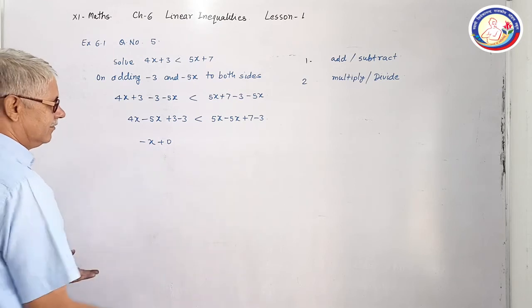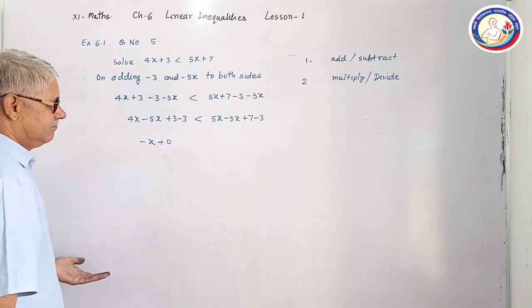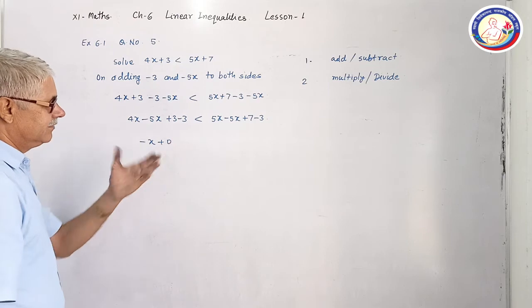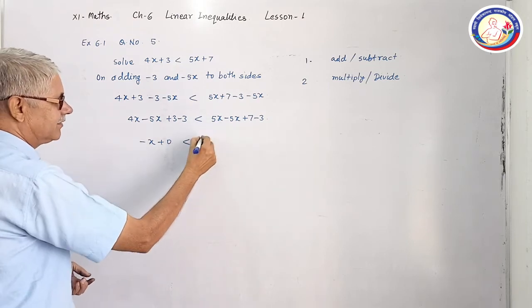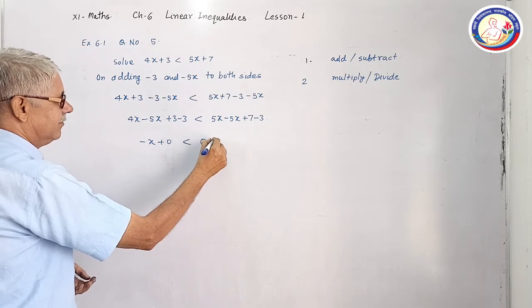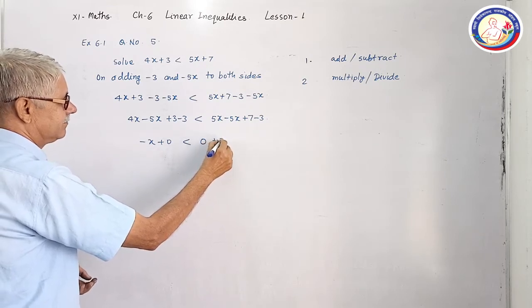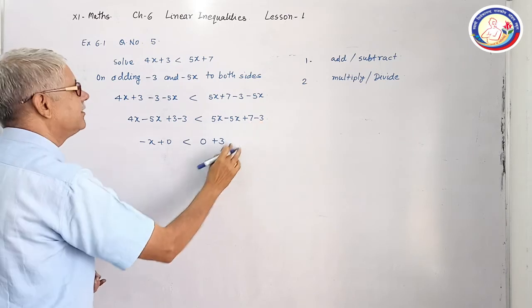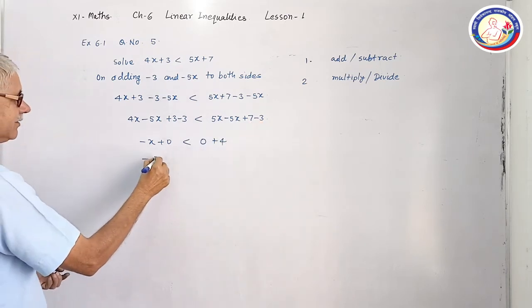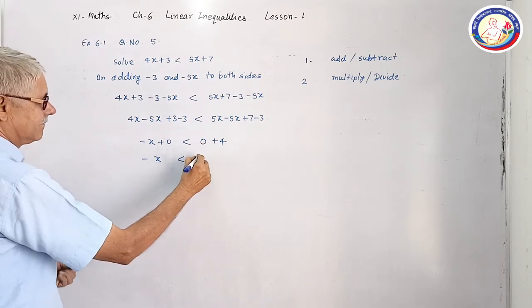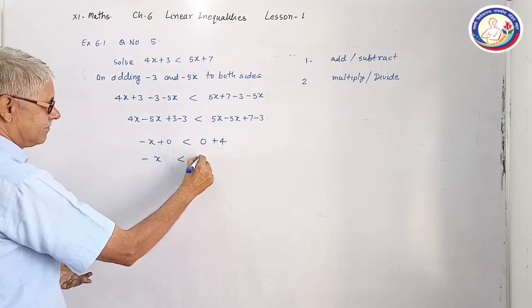We are not required to write it, but we can write it for understanding. 5x minus 5x, that is 0, plus 7 minus 3, that is 4. Now minus x is less than 4.